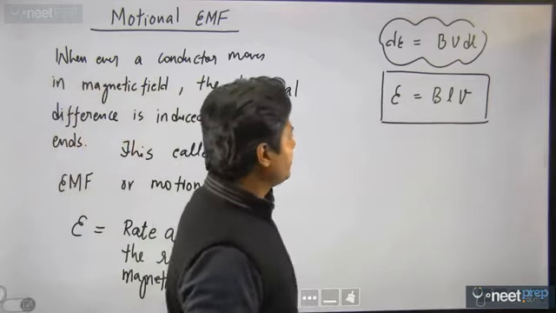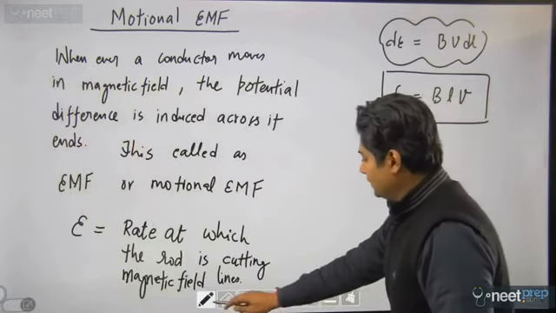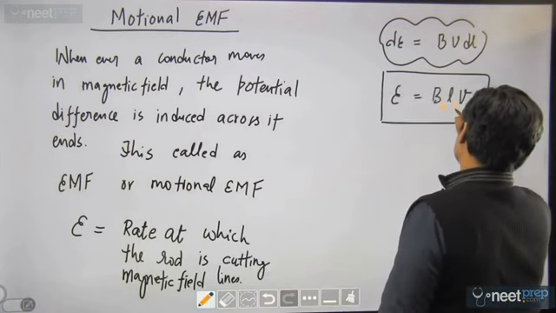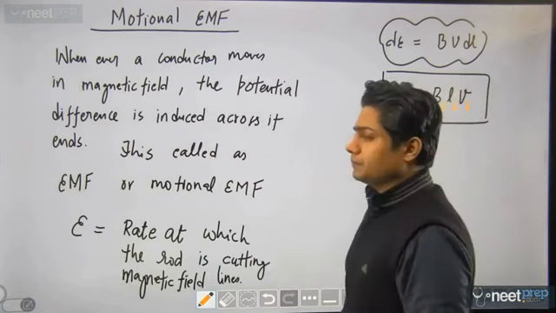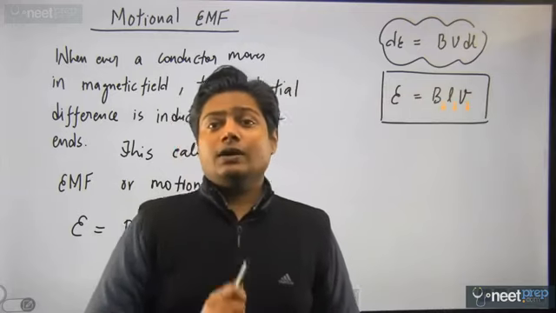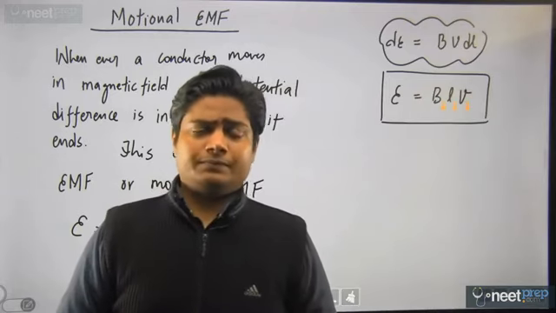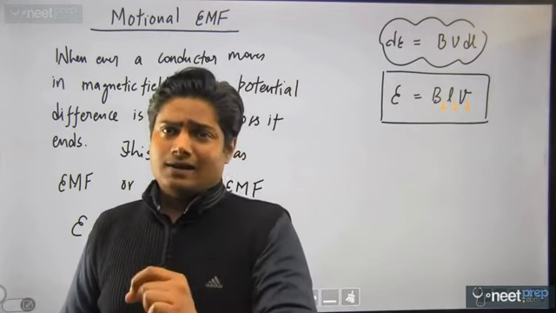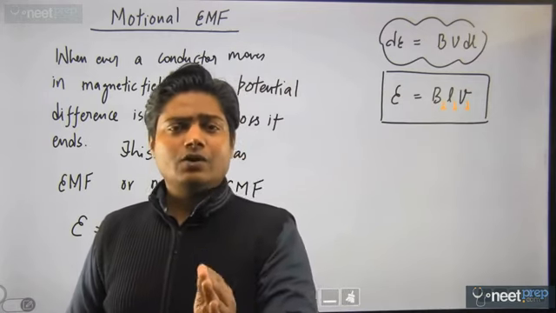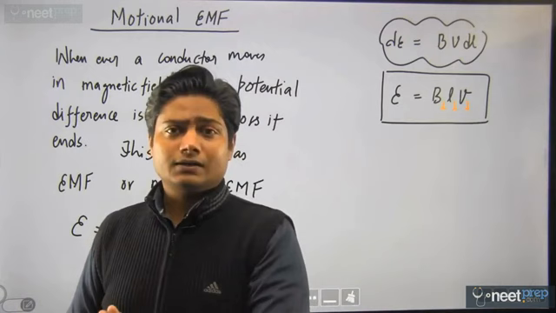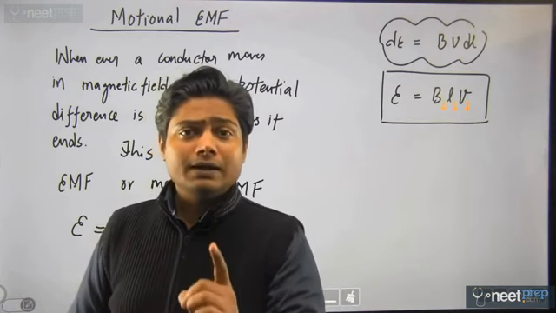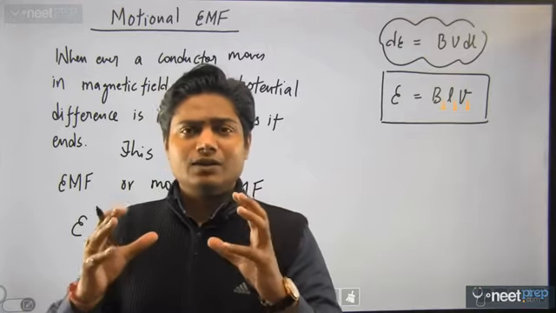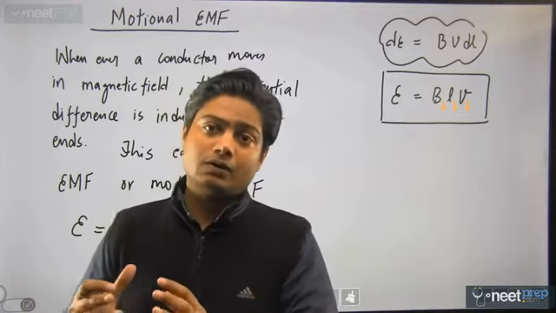Now, my dear students, I would like to add one thing here, and which is perpendicular. Whenever you calculate the EMF due to motion, then B, V and L, magnetic field, velocity and the length of conductor should be taken as the perpendicular components. Irrespective of their length, we have to consider only the mutually perpendicular components.